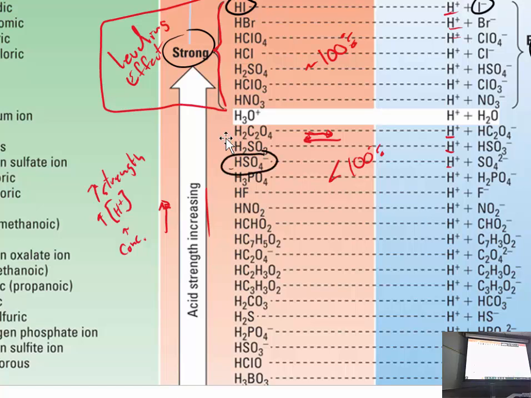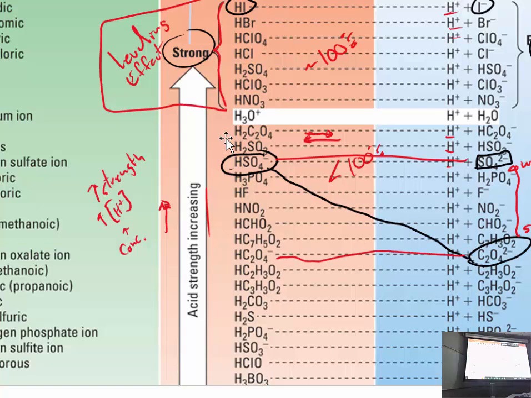So for example, if it reacts with oxalate, that's favorable. If HSO4 minus reacts with oxalate, what do we form? Well, we're going to form sulfate. That's good because oxalate to sulfate is going from a stronger base to a weaker base. And then it's also going to make hydrogen oxalate or bioxalate. That's also good because this is going from a stronger acid to a weaker acid. And so that works out.